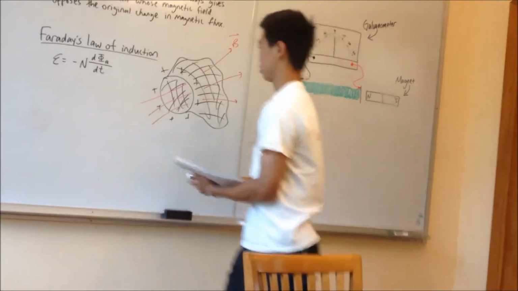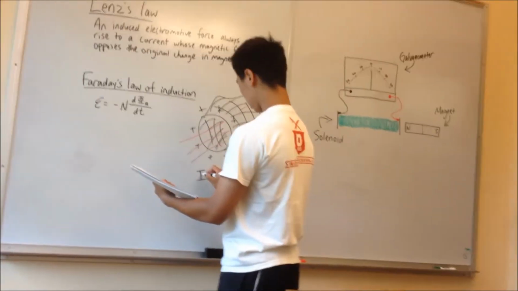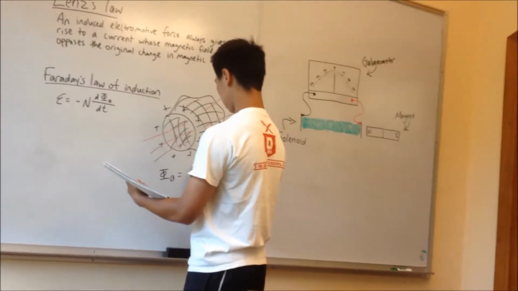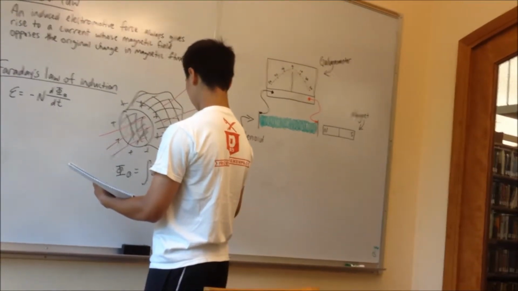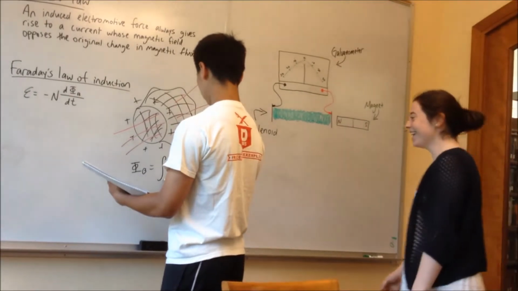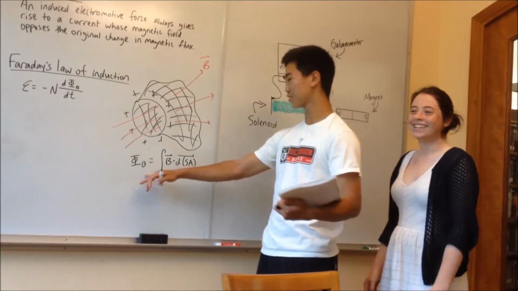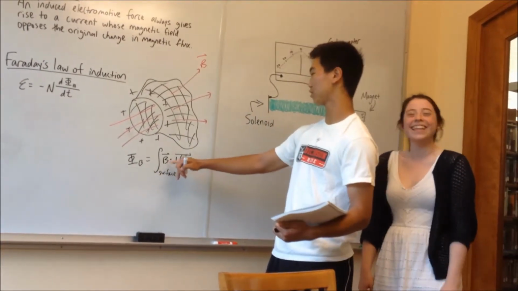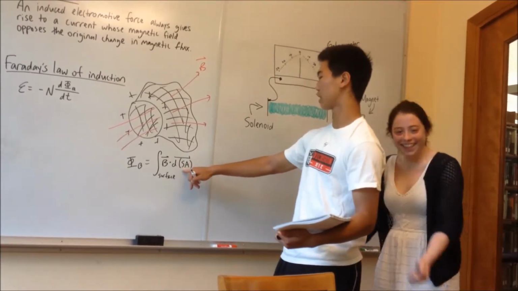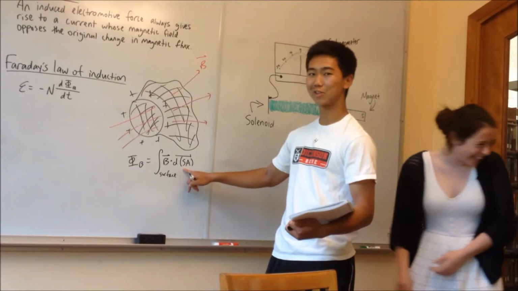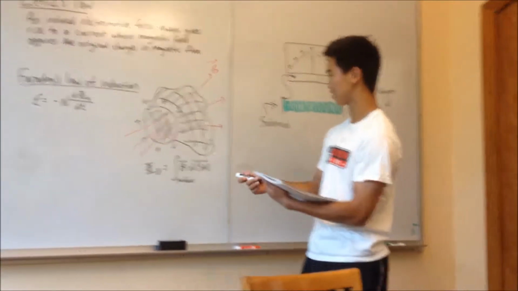Mathematically, you can represent this by saying magnetic flux equals the integral of the magnetic field dotted with dA, the surface area, integrated over the entire surface of this net.